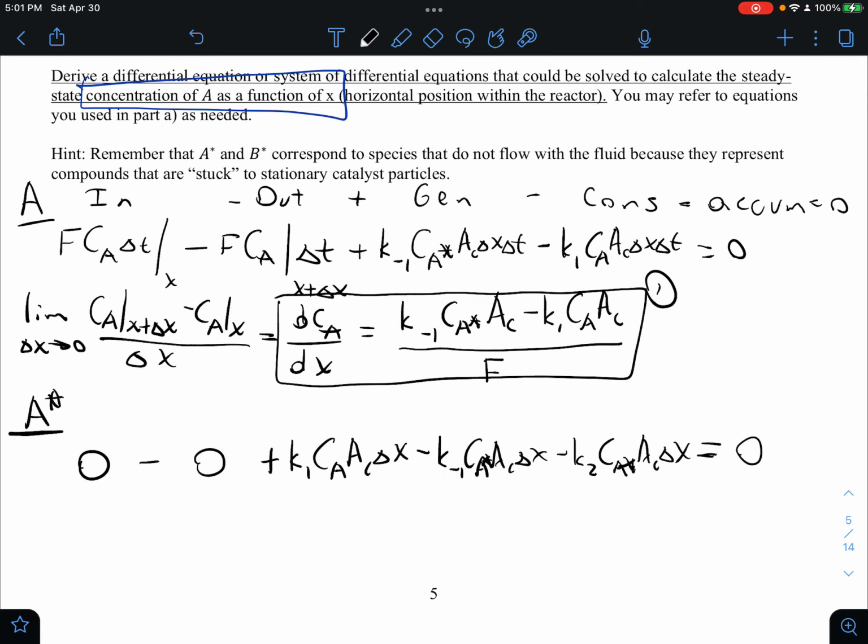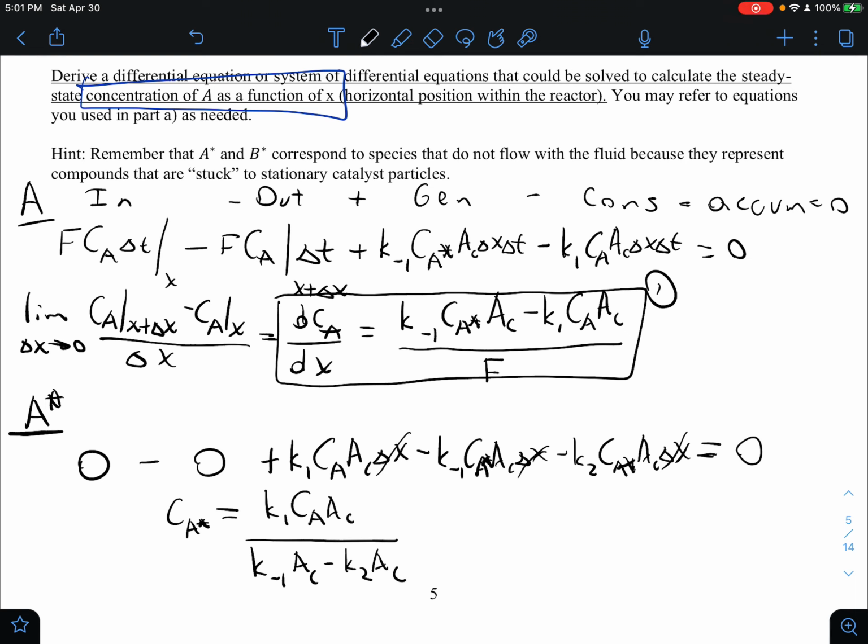So what I can do here is solve for C_A*. So C_A* equals k_1 C_A A_C, the delta x's are all going to cancel, divided by k_{-1} A_C plus k_2 A_C.